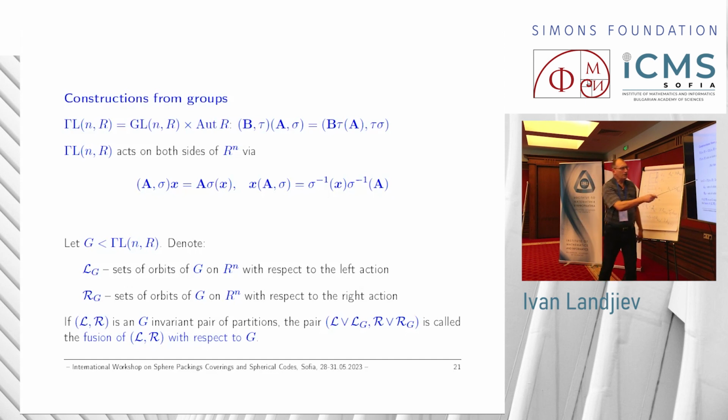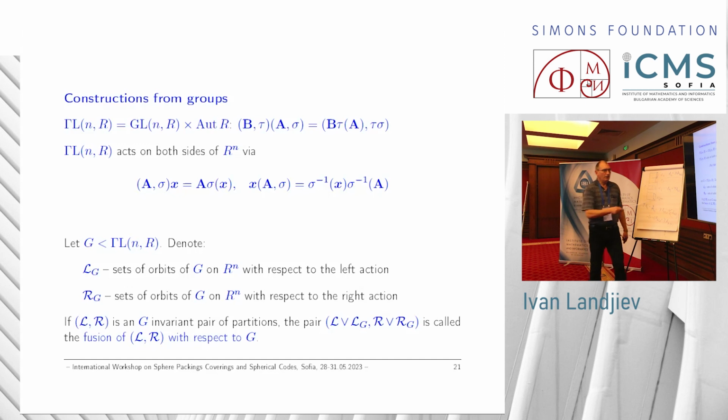So, if G is a subgroup of this gamma L, LG is the set of orbits of the group on Rn, and RG is the set of orbits of Rn with respect to the right action, because we can act with the elements on the left and on the right.